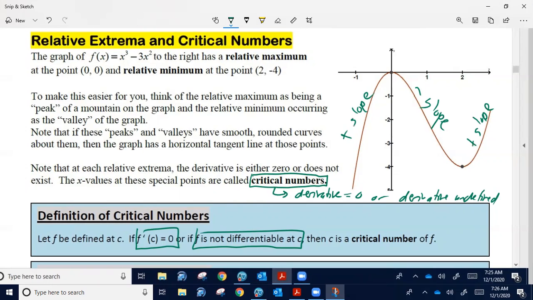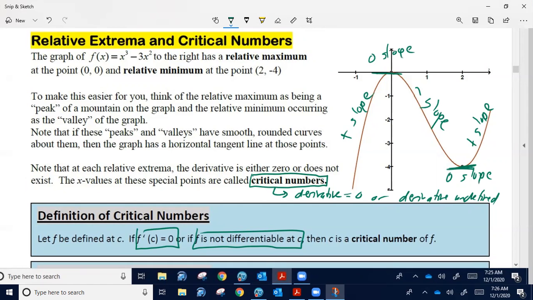Negative slope means negative derivative. But if you're not rising or falling, that means these two values have no slope. 0 slope on each of those. And 0 slope means a 0 derivative, which means a critical number.